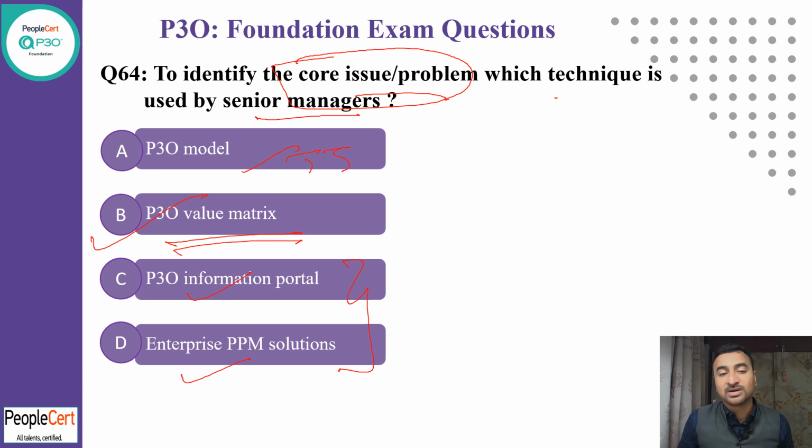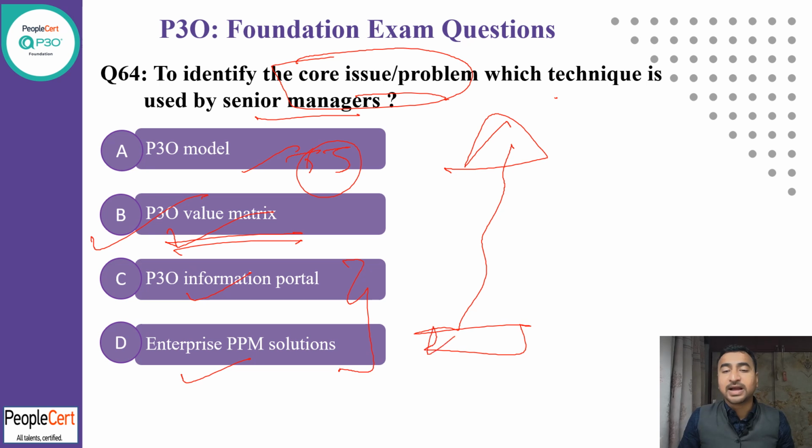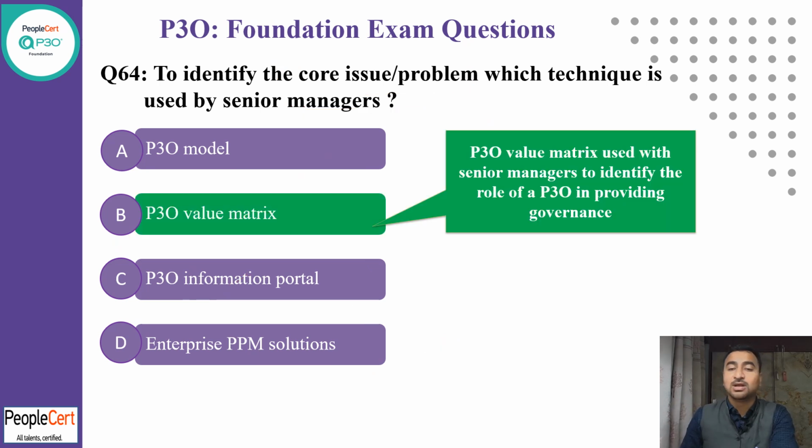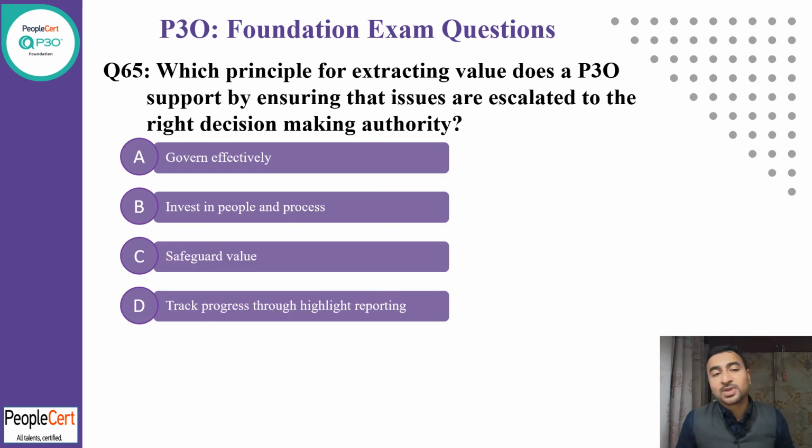There are 5 different models, permanent and temporary mix of both, but it is not a technique that we use. So the P3O value matrix is a technique. As I gave you the example, the kite festival, the kite support an enabling function, and enabling and restraining function. So this value matrix is the tool we used.